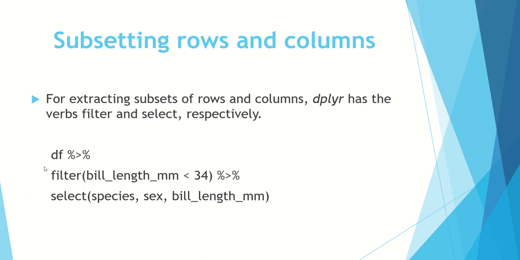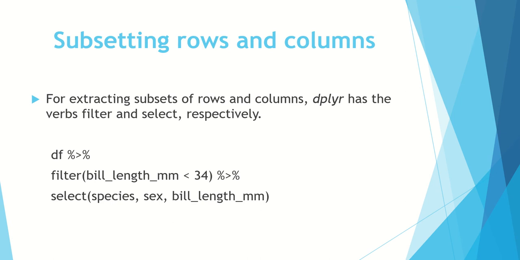So see here, accessing a subset of rows and columns is the basic task in any data analysis, and that is very simple in R. Here we just have to pass the data frame name. Here df implies the data frame name. This is the pipe operator, a powerful operator available in R, which makes this task simple.